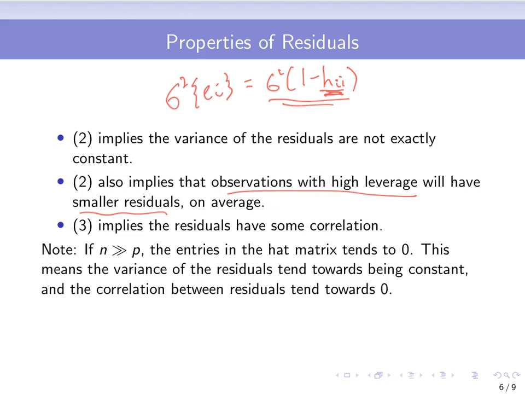So if your data points are outlying in the predictor, you expect them to have small residuals, which is a little counterintuitive because you might expect them to have high residuals.